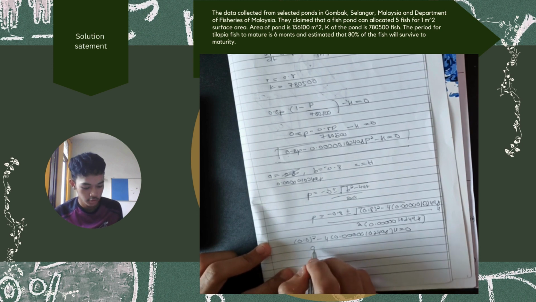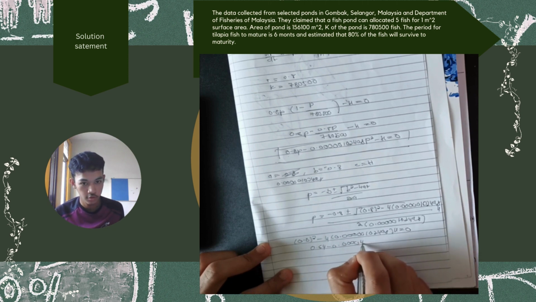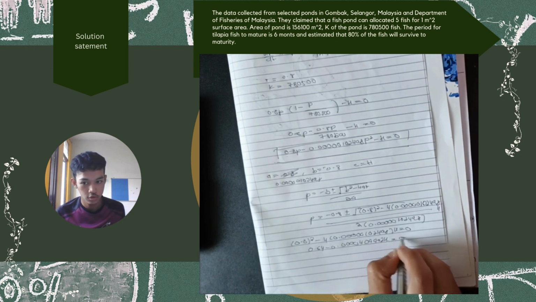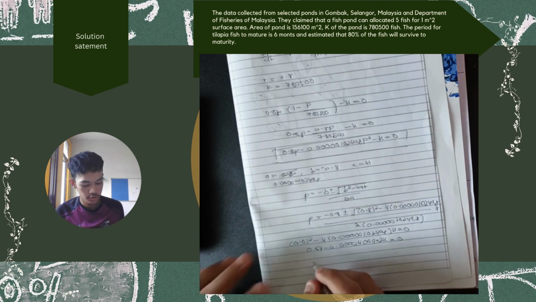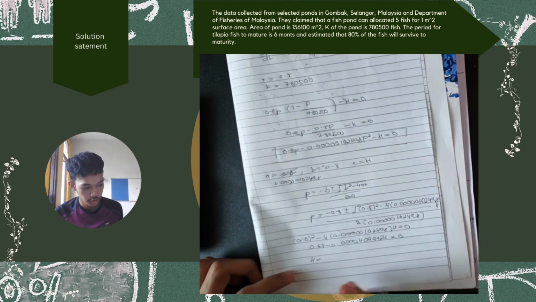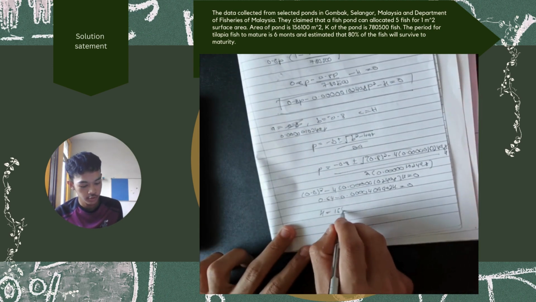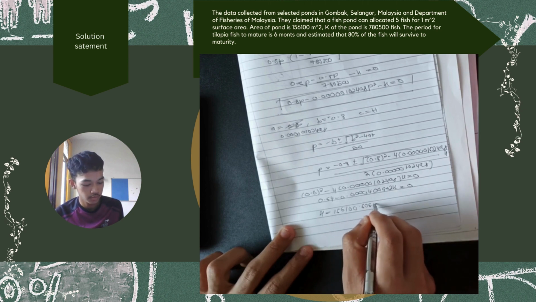Then we get 0.64 - 0.00004099H = 0. So we can find the value of H. We get H as approximately 156,100.9098.